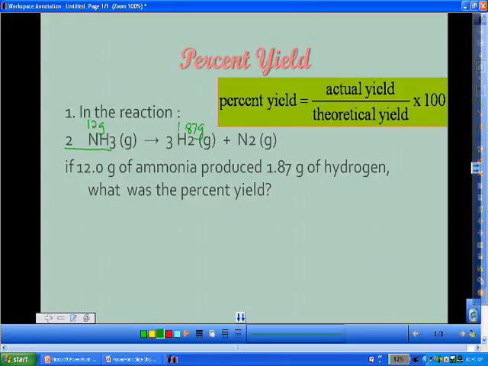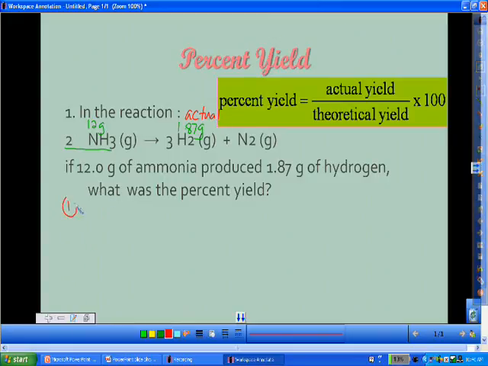What it's telling us is that if you were given 12 grams of ammonia, it is going to decompose into an actual yield of 1.87 grams. And so we need to calculate the theoretical yield.